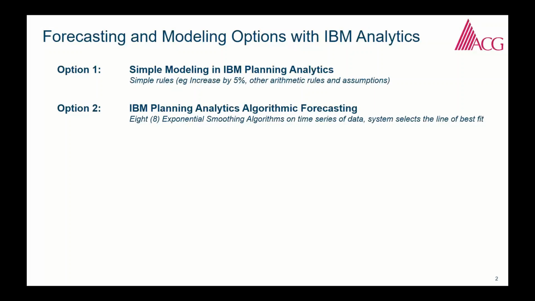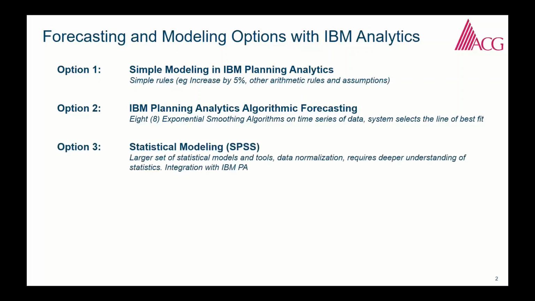And what we've introduced here is option number 2, the IBM Planning Analytics algorithmic forecasting, which behind the scenes does 8 exponential smoothing algorithms on time series, and then it selects the best fit. So it's doing a lot of number crunching and deciding what the best method is for forecasting. That's what I'm going to show you in just a moment.